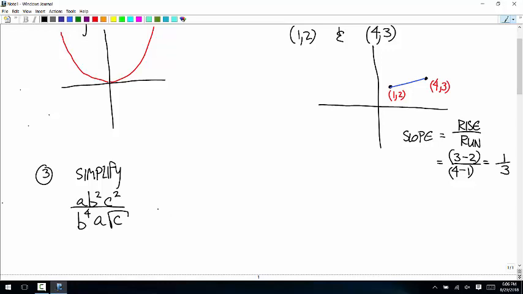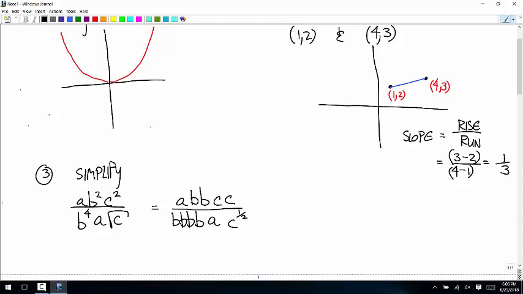I'm going to rewrite this as a times b, because b squared over b to the 4th is just b over b squared, times c, and then on the bottom, that's b, and then a, and then I'm going to rewrite this square root of c as c to the 1/2 power.